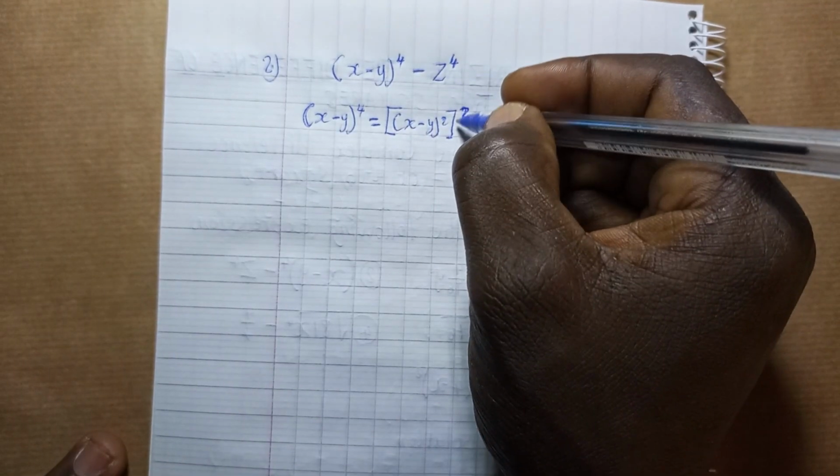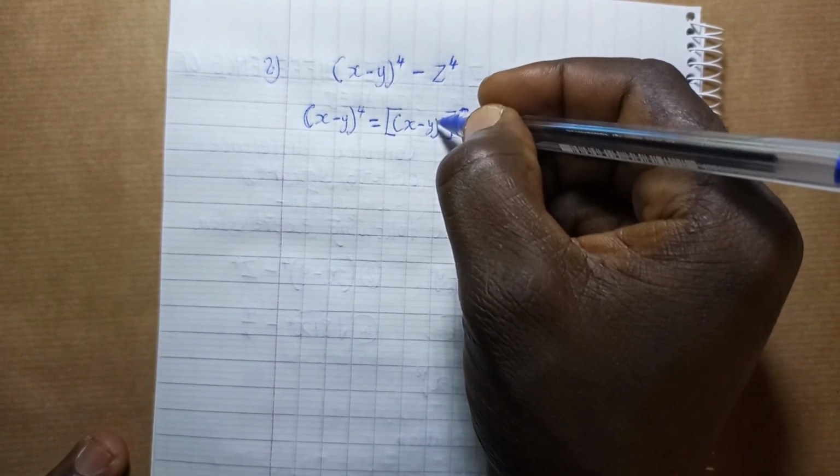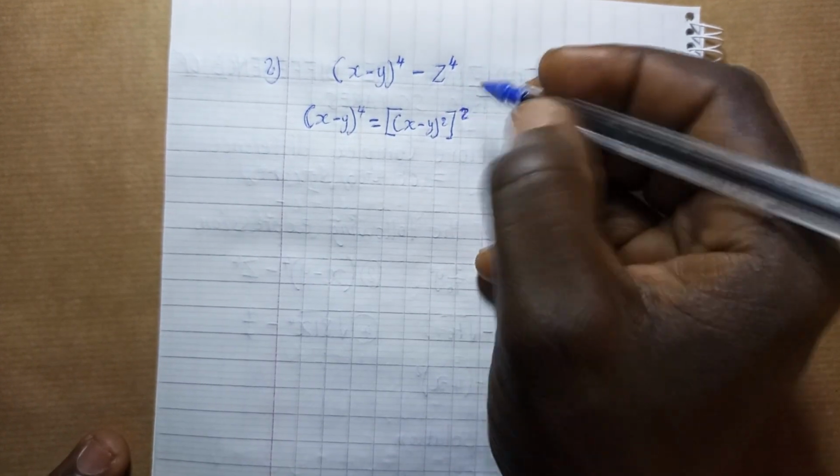Now we are breaking it down to power of 2. So it still has another 2 raised to power 2 inside and 1 outside.